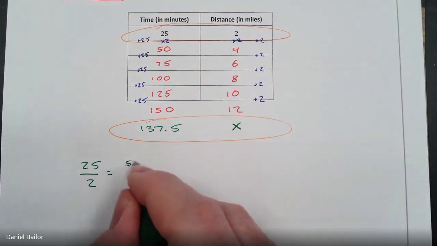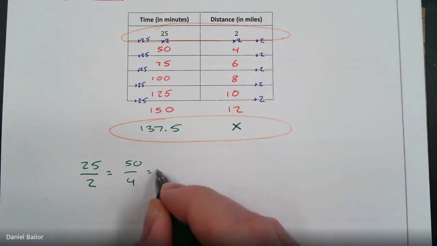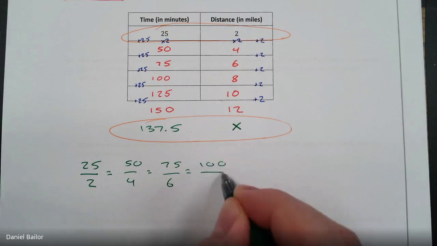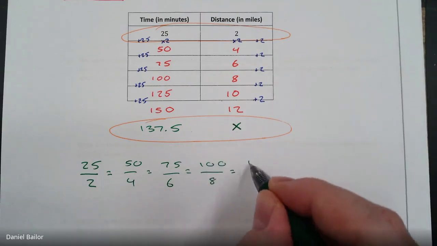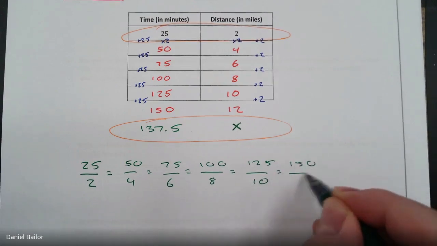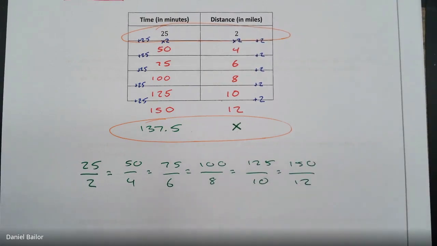50 in 4, 75 in 6, 100 in 8, 125 in 10, 150 in 12. We know all of that's going to be equal. In fact, if you're good at reducing fractions, you know this.